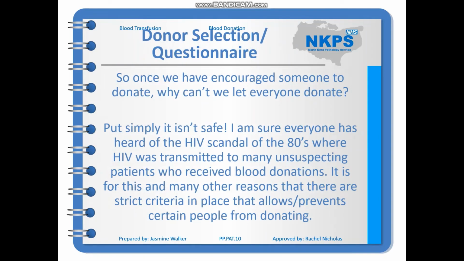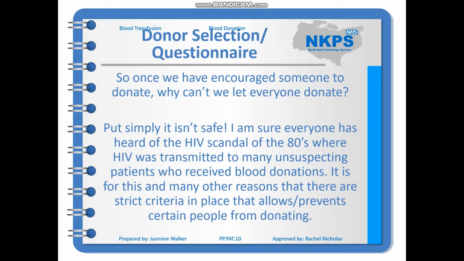So we've reached out to donors, great, but there are a lot of restrictions on who can actually donate because of safety for the recipients of these donations. I'm sure everyone has heard of the HIV scandal of the 80s, where HIV was transmitted to many unsuspecting patients who received blood donations.